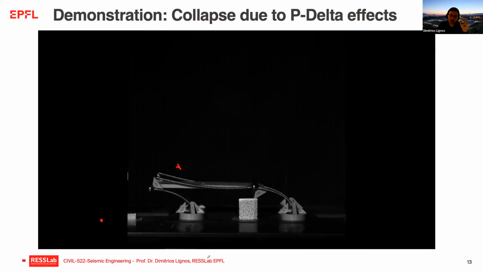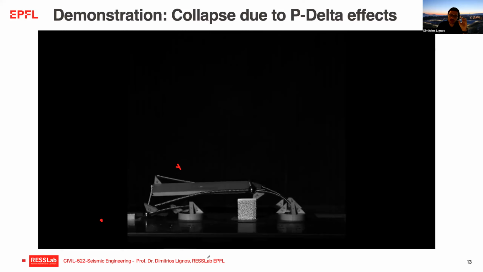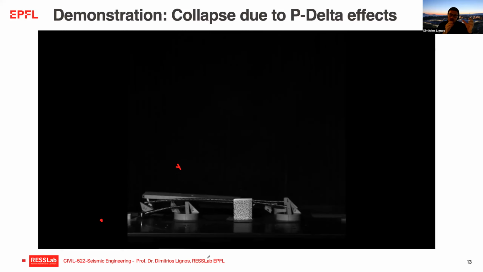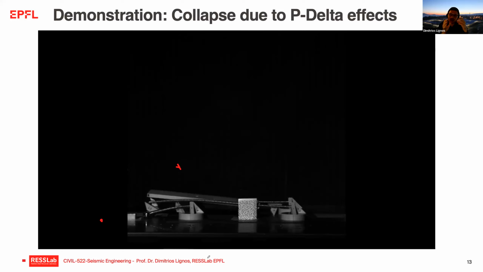I have nonlinear behavior, and because of the nonlinearity, I have a completely different change in stiffness. You see that my frame essentially collapses simply because the gravity has been offset by a very large displacement, and this second order shear essentially makes the total lateral resistance of the frame equal to 0.